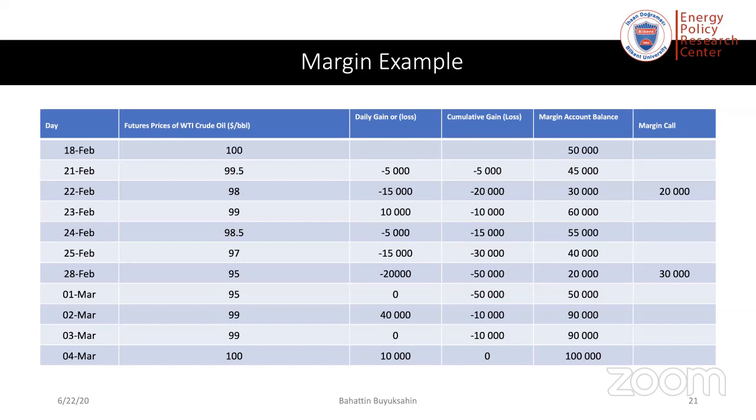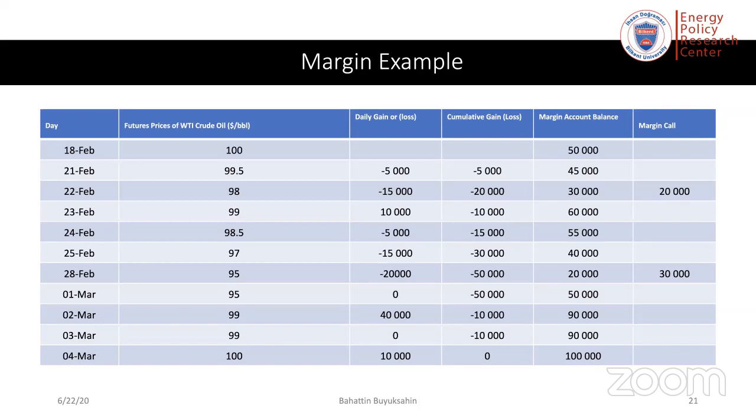On February 22nd, the balance in the margin account falls $7,500 below the maintenance level, because 2 days in a row, prices went down from $100 to $98, so you are making a cumulative loss of $20,000. $2 price differential, times 1,000 barrels, which is $2,000, and then there are 10 contracts, $20,000.